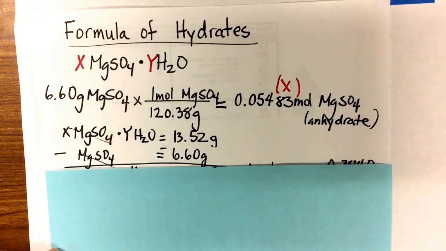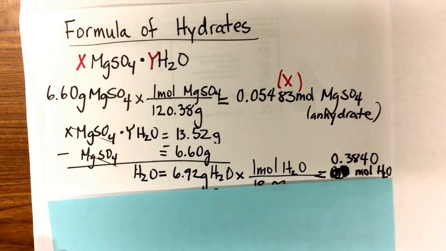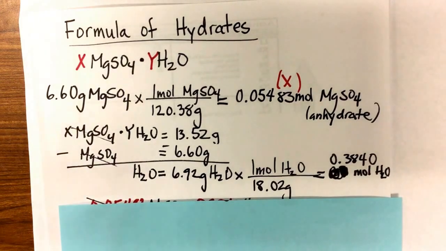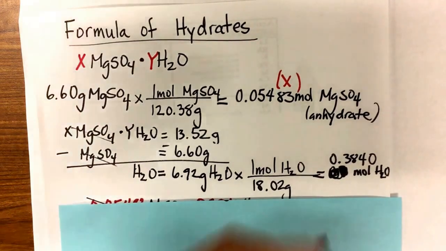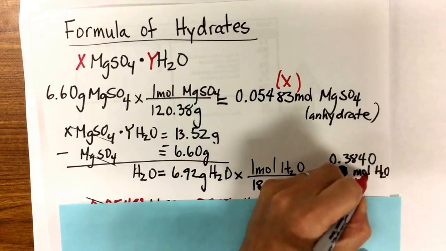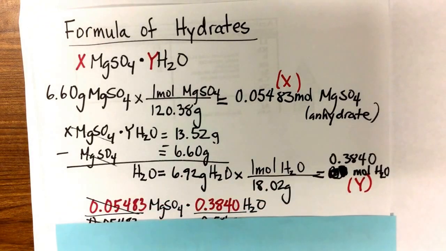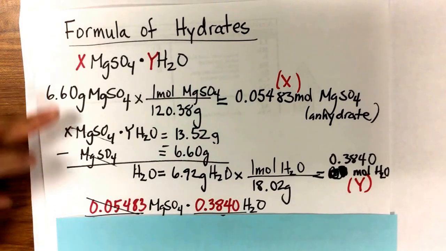You take the difference between the two and you'll see the mass of the water. And of course you convert that to moles using the molar mass of water, and that will give us our Y.